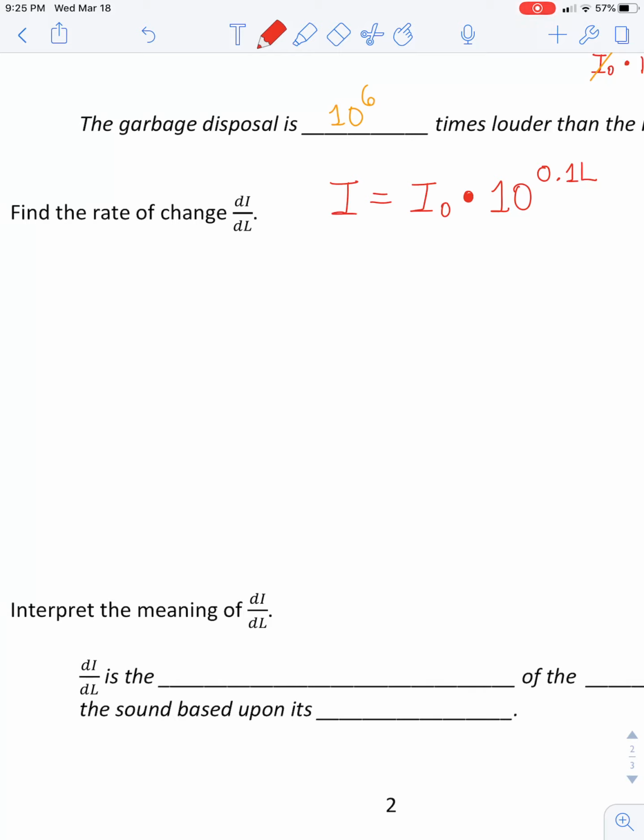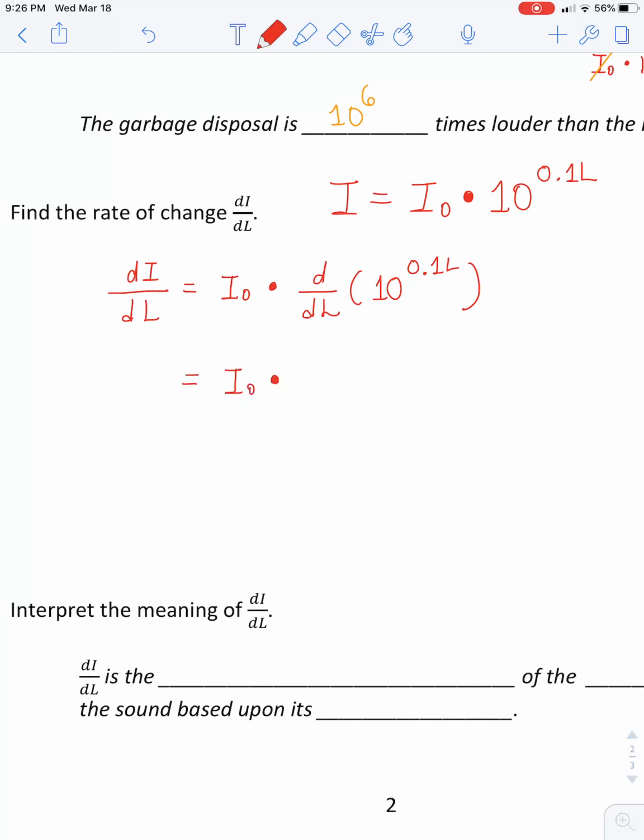So dI/dL, the derivative of the intensity with respect to the loudness, is equal to I naught, which is the constant, so just write it down. But we're going to need to find the derivative of 10 raised to the 0.1 L.